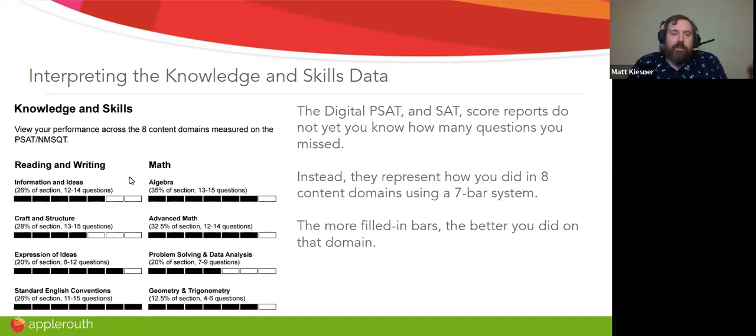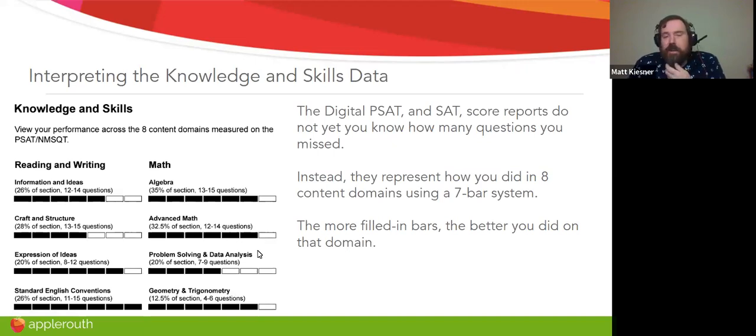I don't foresee them giving more information, and it's a little frustrating to read because everything has a range on it. If you look at geometry and trig, they're saying it's from 4 to 6 questions, and this student got 6 out of 7 bars. But what does that mean? Is that 5 out of 6 questions right? Is it 3 out of 4 questions? How is this being determined?